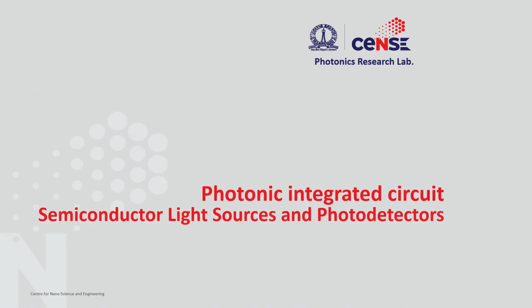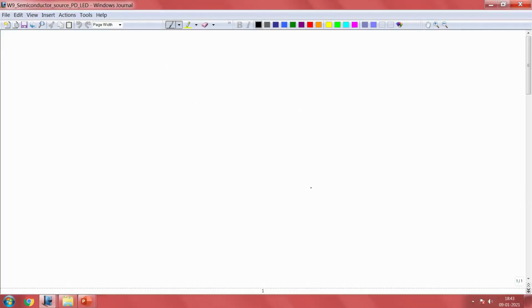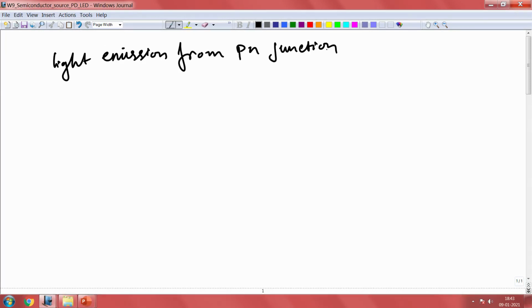So let us look at a very simple system of light emitting diodes from a simple PN junction that you can easily make in a semiconductor platform, in a planar circuit platform. So let us look at that. Basically what you want is a light emission from a PN junction, and this you could achieve on different platforms.